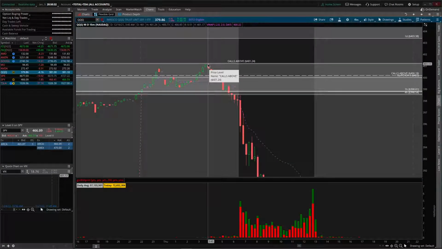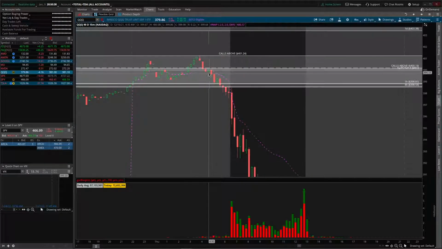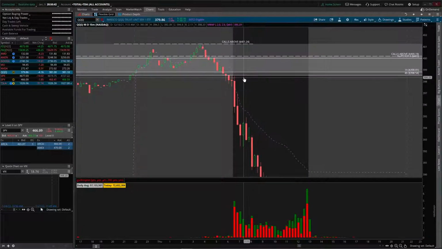Once we reject this previous high, and the end of this demand zone, we just start tumbling down once again. So we start going down, down, down, down, and once again, this 398 level is respected right here, just moments before the open, and so is this 1 hour level.